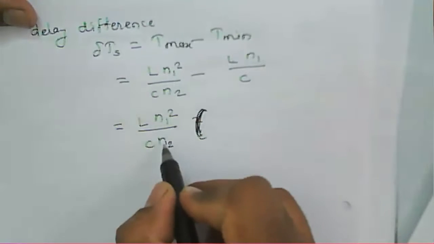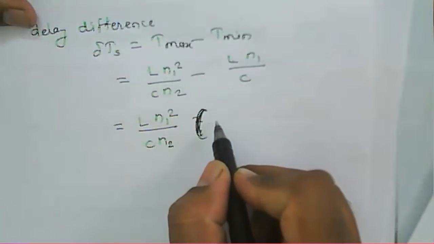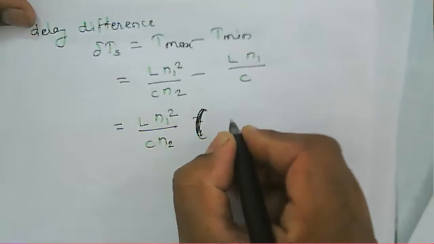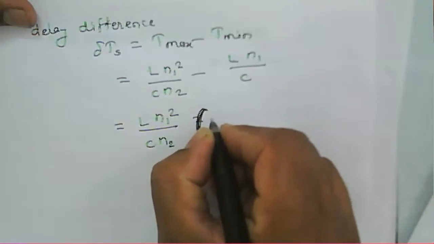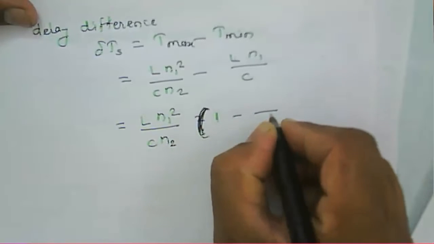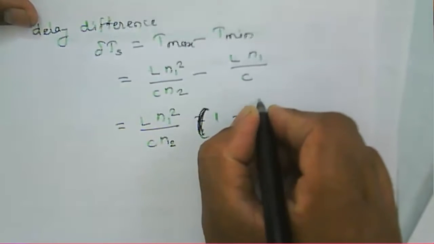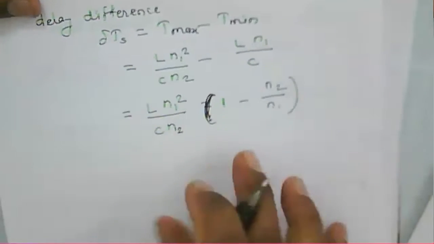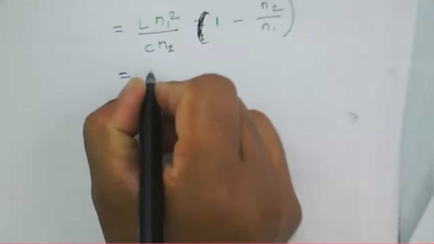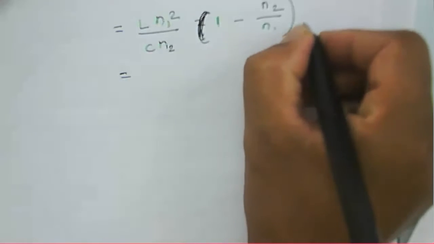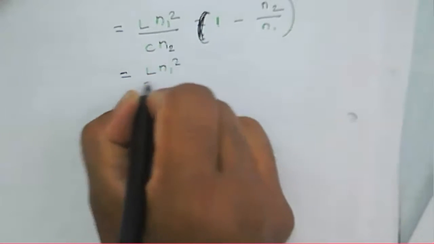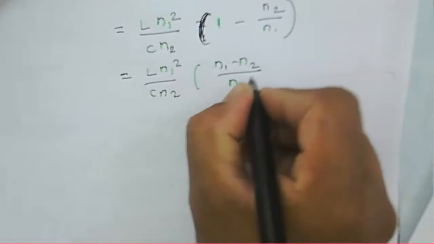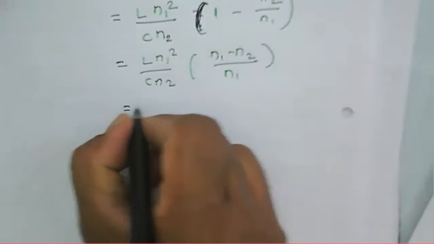That is nothing but a 1 here, and then we have n1 to the 1 minus n2 by n1 here. Now if you further solve it, we get L n1 square by C n2 times n1 minus n2 by n1.